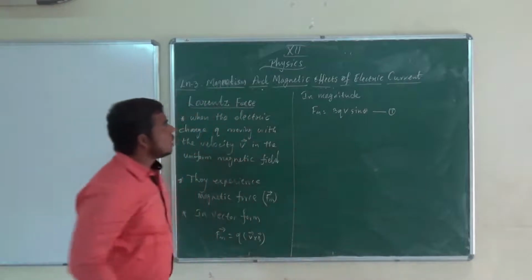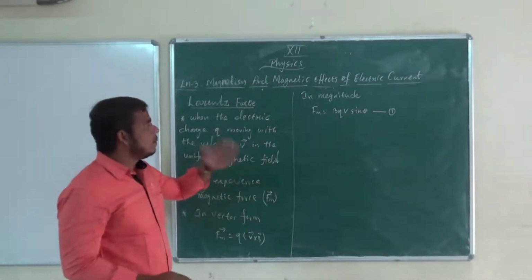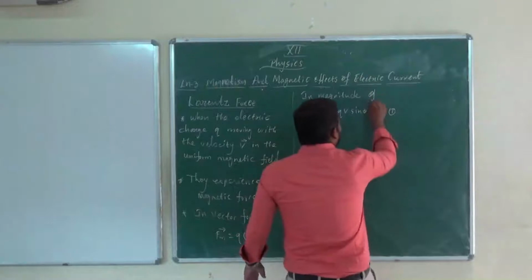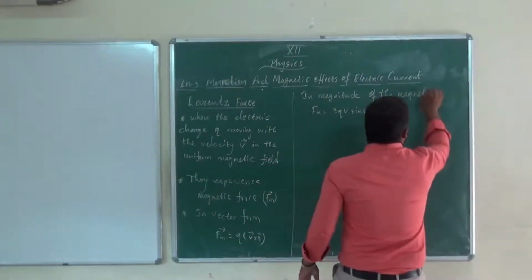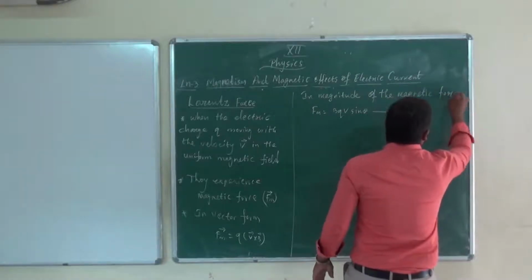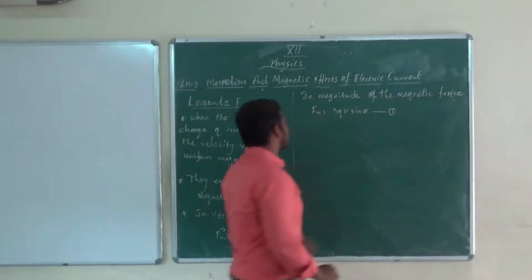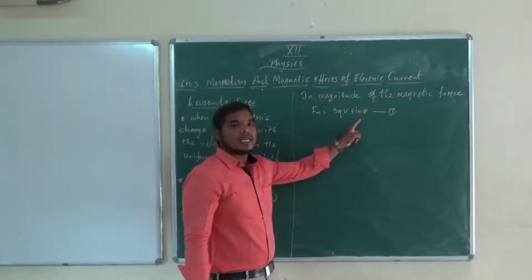The magnitude of the magnetic Lorentz force is given by the mathematical expression BQV sin theta.